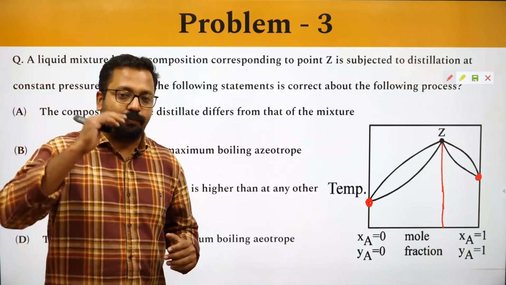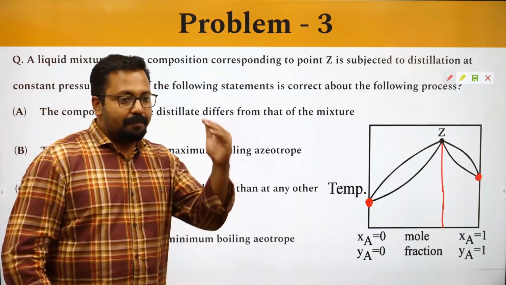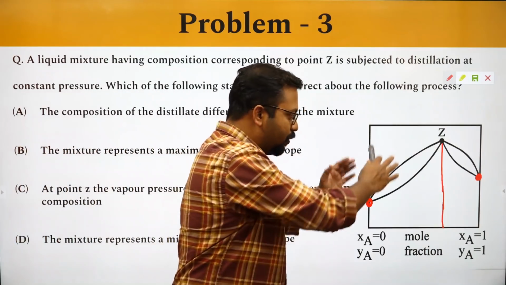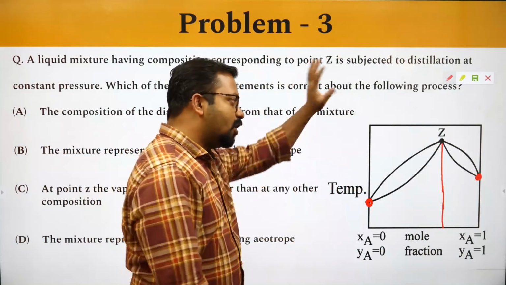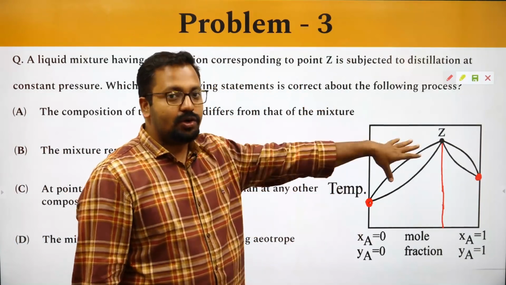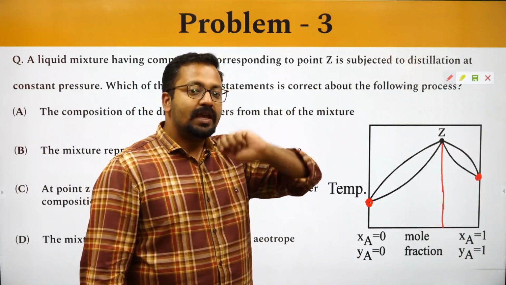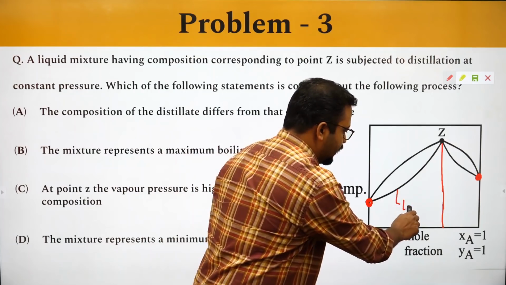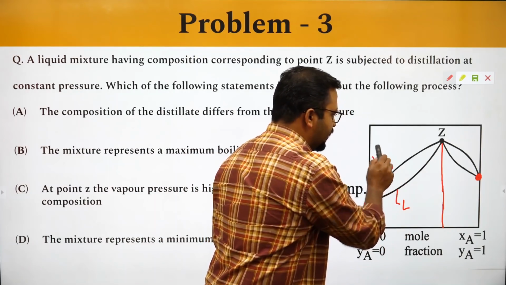Negative deviation means boiling point will increase because vapor pressure is decreasing. So this is a plot for an azeotropic mixture which shows negative deviation. Now this curve is for liquid, this curve is for vapor.